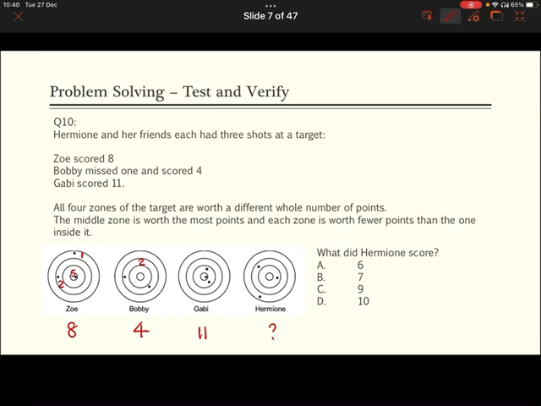In Gabi's, if it's 11, let's assume this one in the middle is 11. So the numbers on the outer of the center one should be 3 and 3. Okay, under these circumstances, we understand.